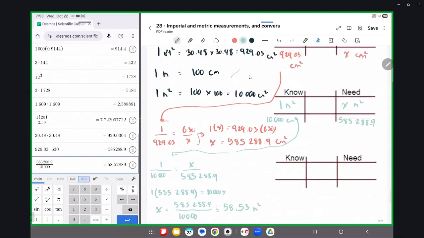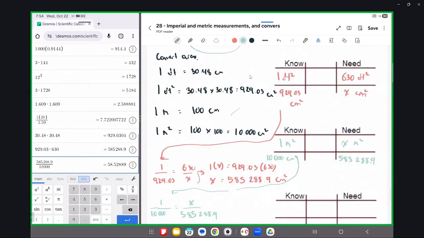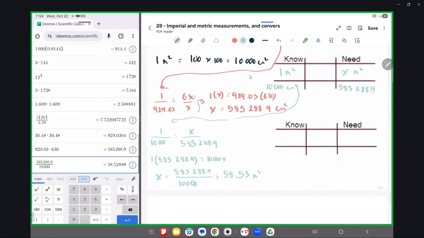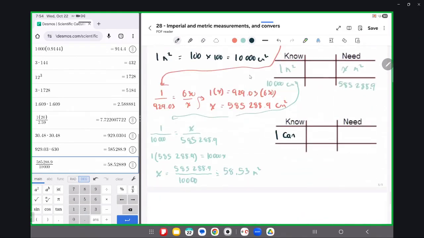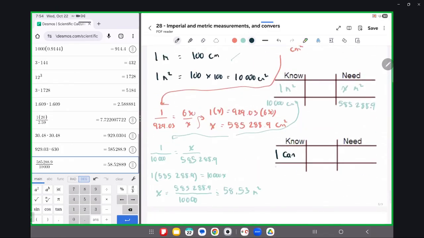Okay, so now we need to paint the room. So what do we do here? Well, we know that 1 can of paint, suppose I'll work in black for this one. We know 1 can will cover, oh, sorry.